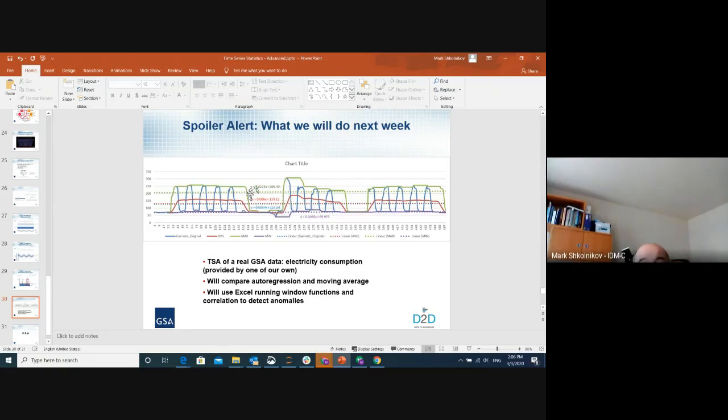So we can do some analysis on that, and we will be doing it. We will detect long weekends. And the beauty of that example is that we will be able to do it in Excel. We will also be practicing auto-regression and moving average a little bit more.